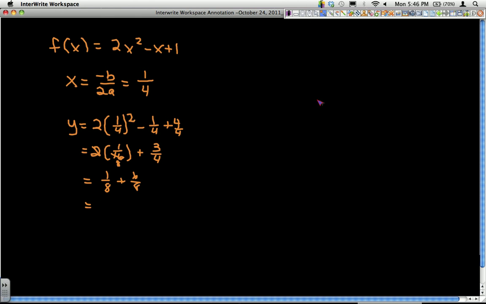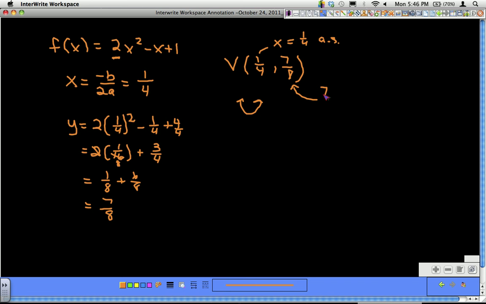And I know the 7/8, because it opens up, it has a definite bottom. 7/8 is my minimum. So I can go fairly quickly, even with some nastier numbers dealing here with the fraction, and find a vertex and plot it and know some of my general idea of what my shape is going to look like. So, a little quicker way of finding your vertex.